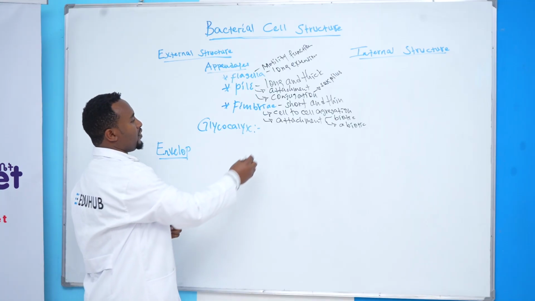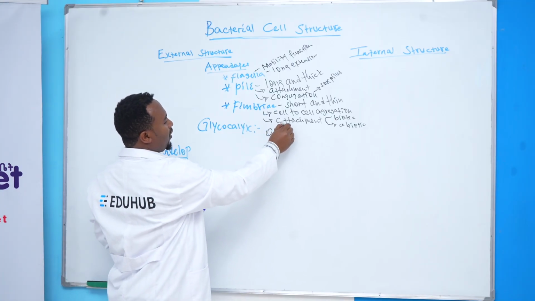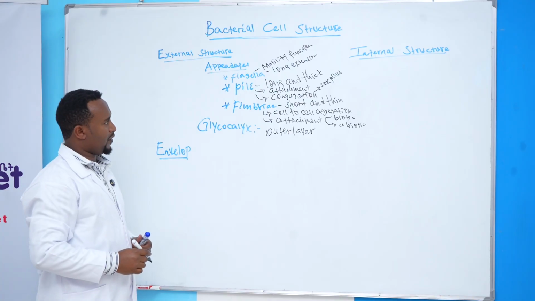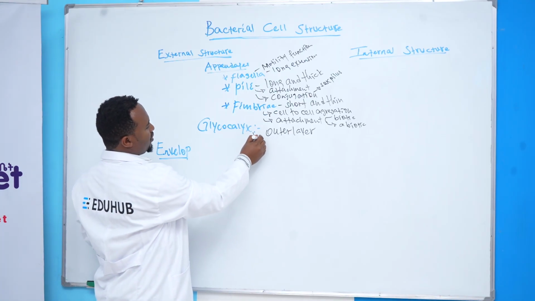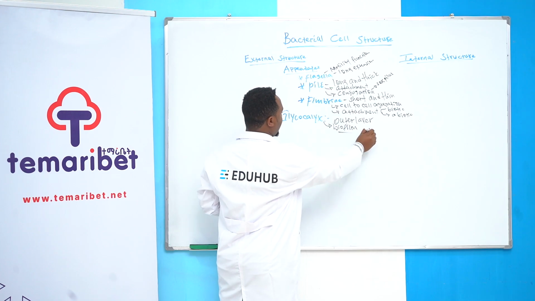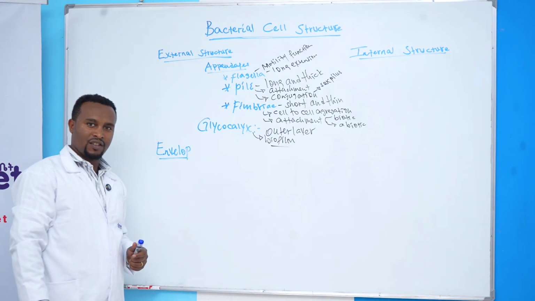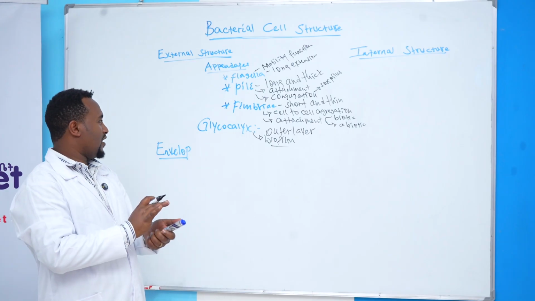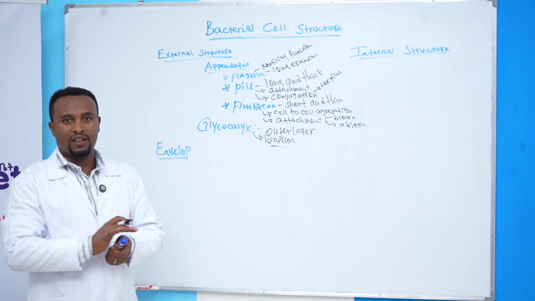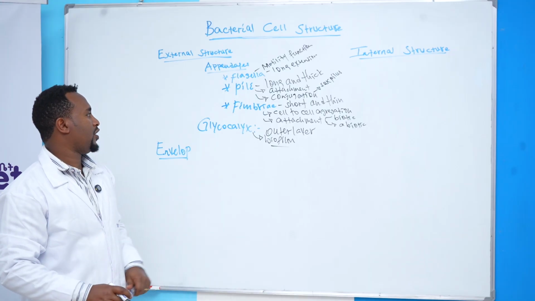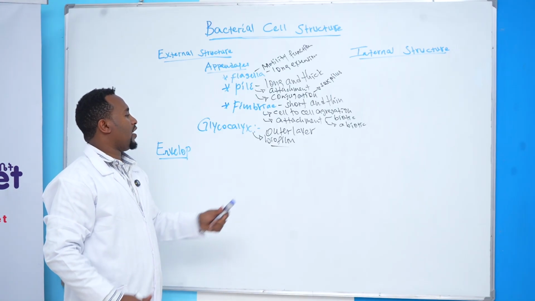It is the outer layer of the bacteria, and it produces the biofilm. The biofilm is an important substance used for adhesion, attaching to the host or to different biotic or abiotic surfaces.